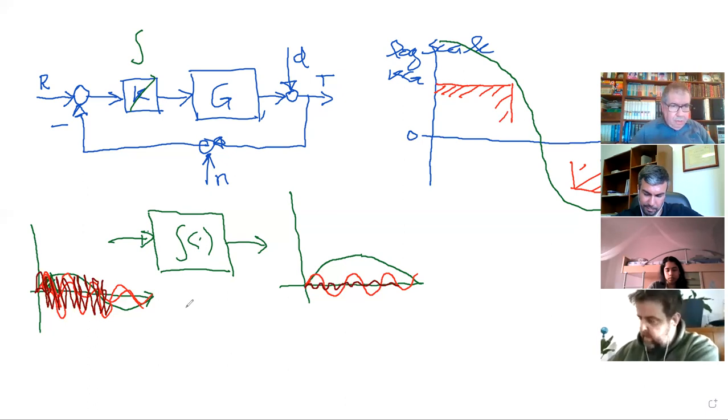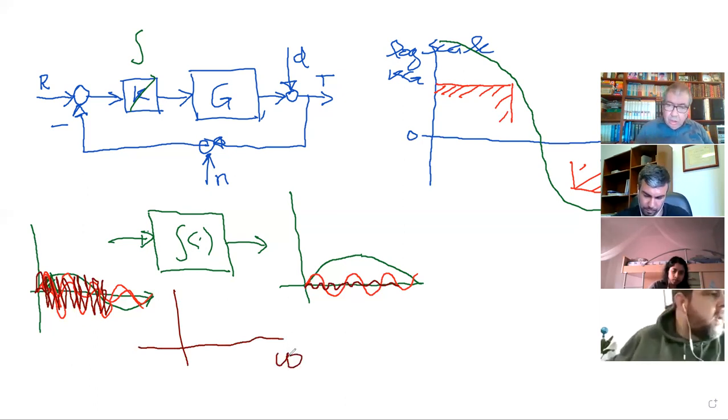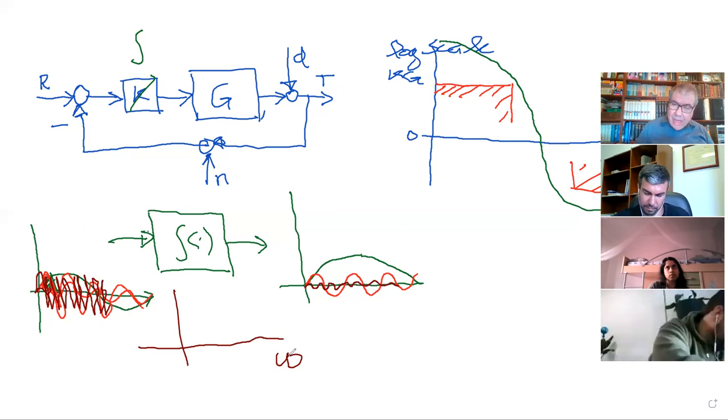So if you represent this as a plot in frequency, now you are used to represent operations or signals in time. Now we are going to think of signals in frequency content and the operators that change the frequency content of the system.